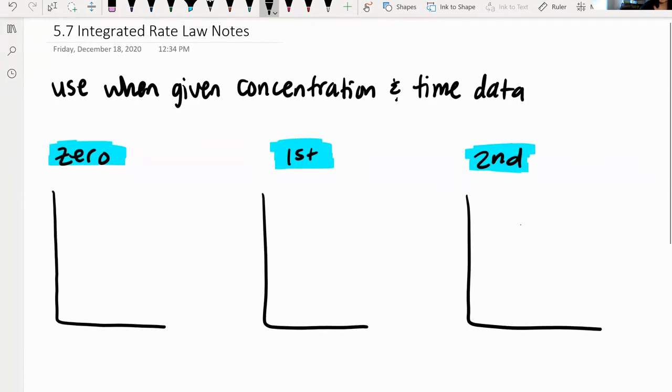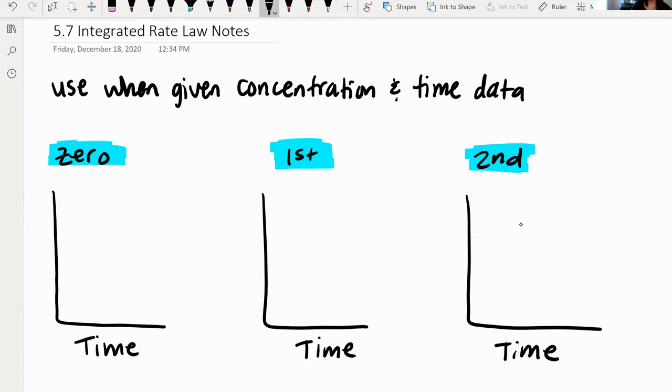On all 3, we're going to put time. Okay, whatever the experimenter is measuring, it could be seconds, it could be minutes, days, years, whatever unit of time. Now, these graphs differ by what we put on the y-axis.